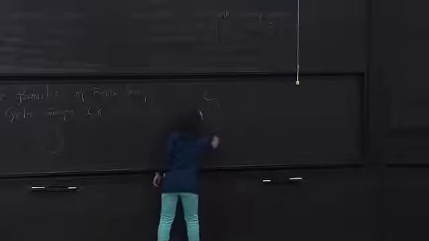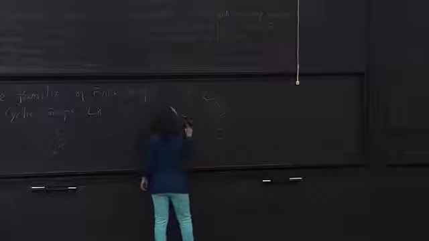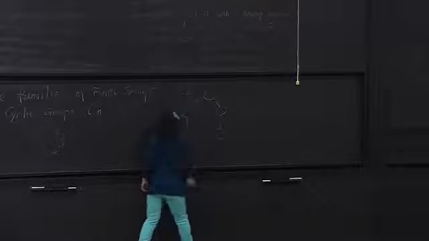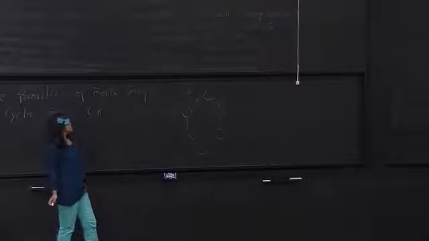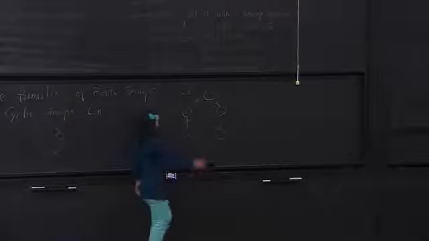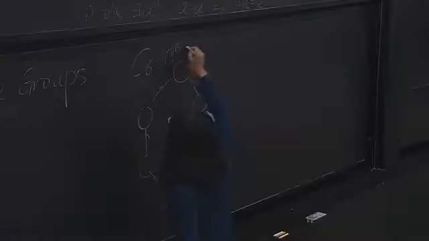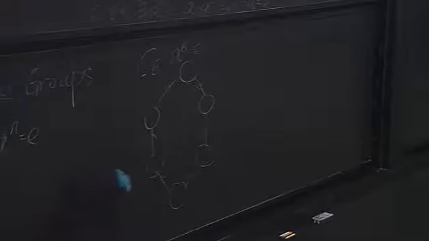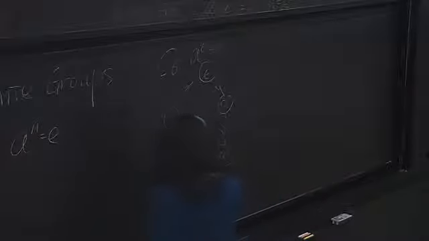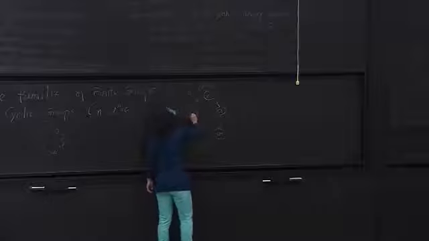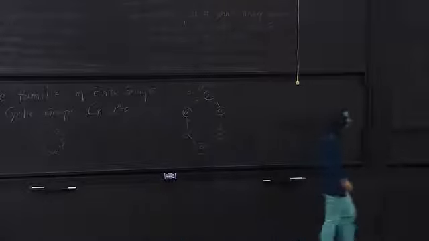So this is the Cayley diagram for all cyclic groups specialized to C6. And we could even be a little bit mathematical about it. And let's say this is A to the 6 equals E. Well, I probably should say this is A to the N equals E. So if I start with identity and act with A, and you just keep pushing, eventually I get back to E. Okay.